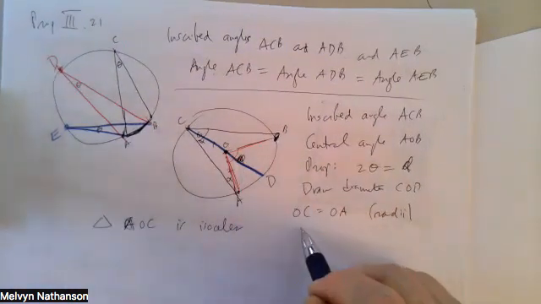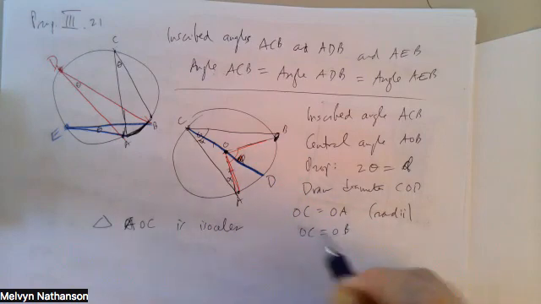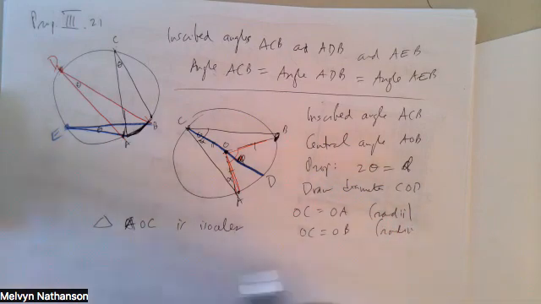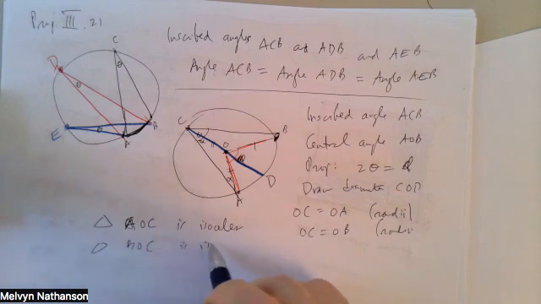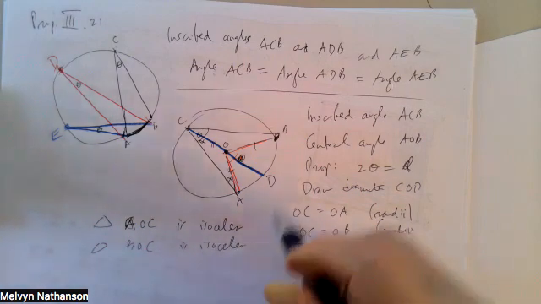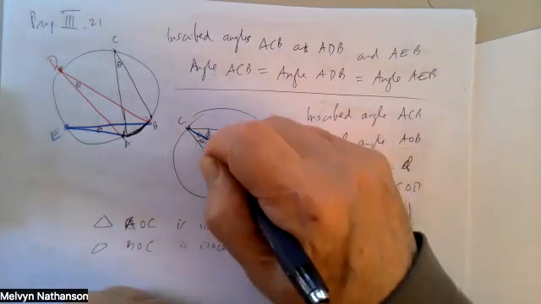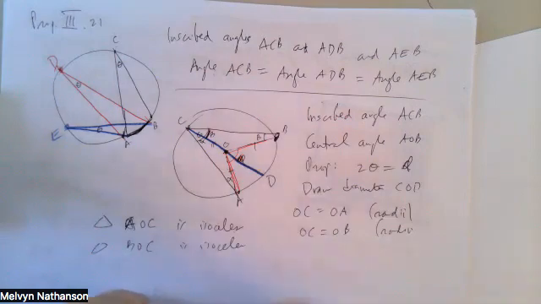But also OC equals OB because they're radii. So triangle BOC is isosceles. So this angle beta equals this angle beta.